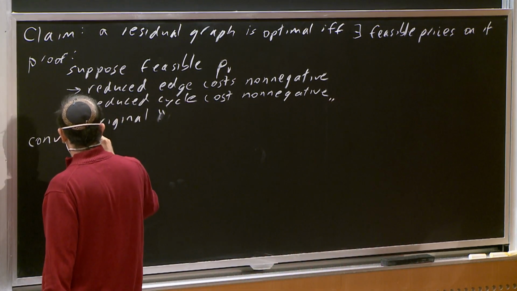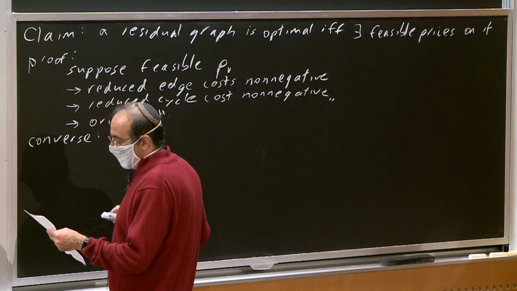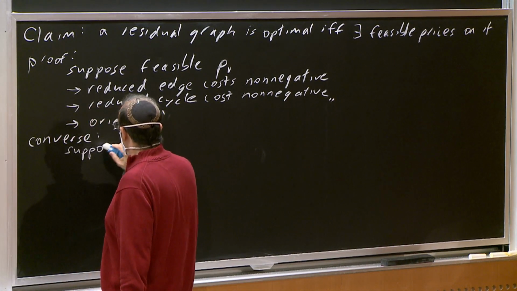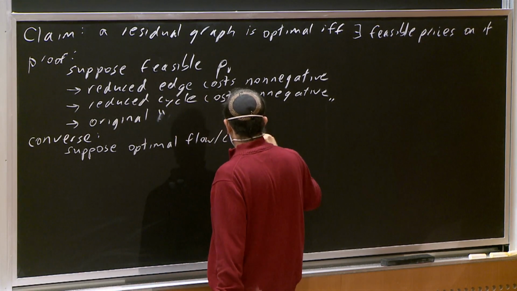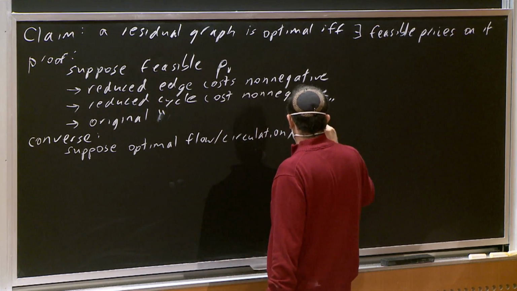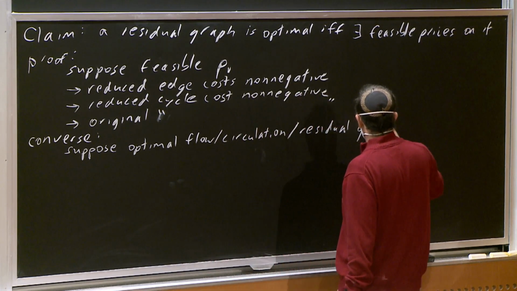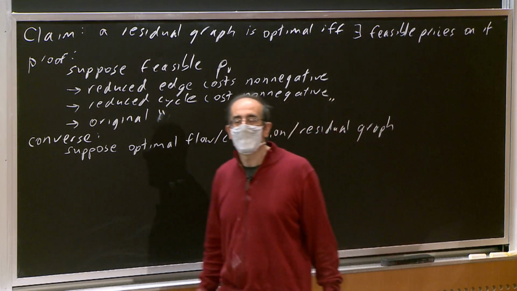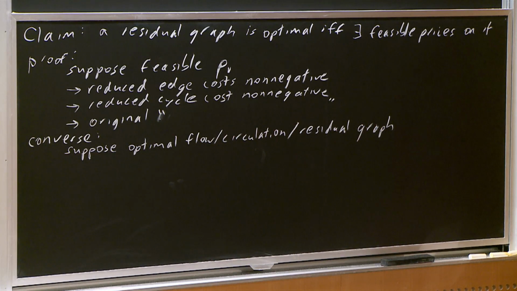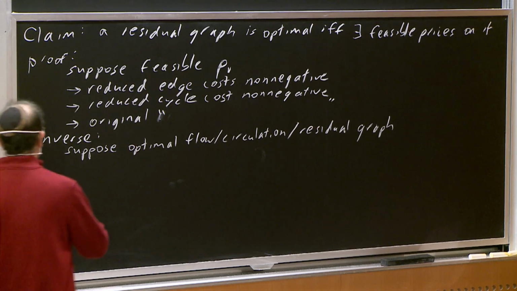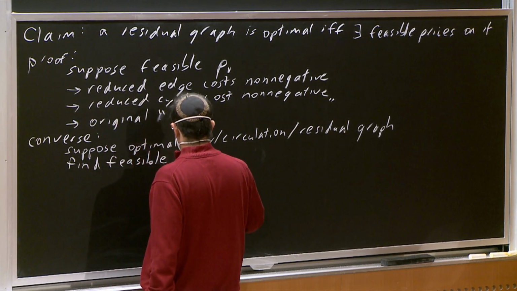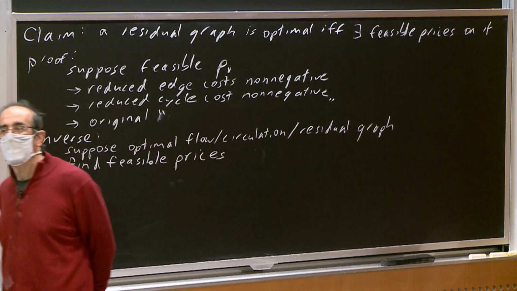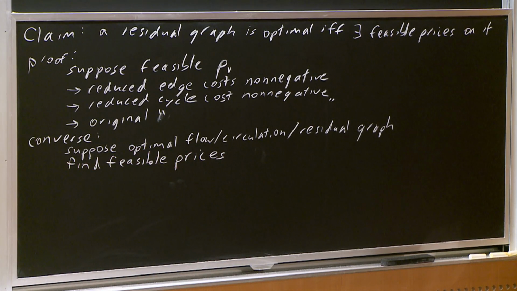So now, the trickier bit. Let's suppose we have an optimal flow or circulation, or the residual graph of them. We now need to demonstrate that there is a feasible price function. How can we do that?